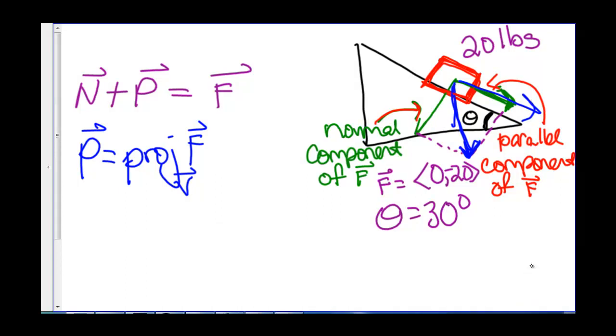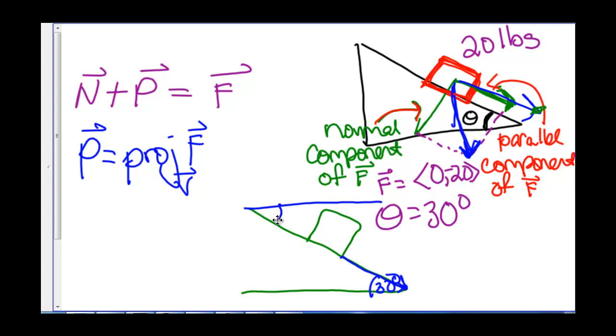So trying to determine the position of the head of this vector, if we look at our plane, so here's our plane, and here's our object. We're looking for the position here. So if this is 30 degrees, that means that this angle right here is also 30 degrees.